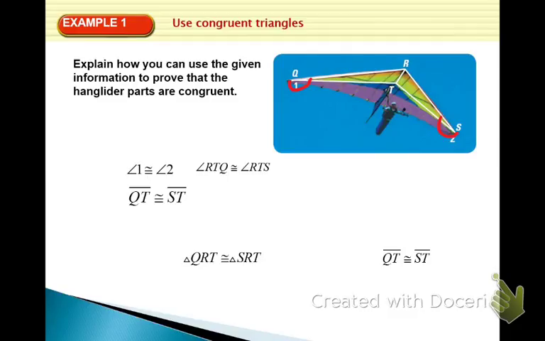RTQ is congruent to RTS. These two angles are congruent. And QT is congruent to ST.